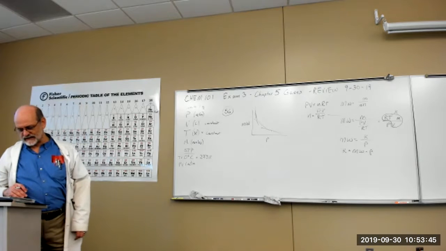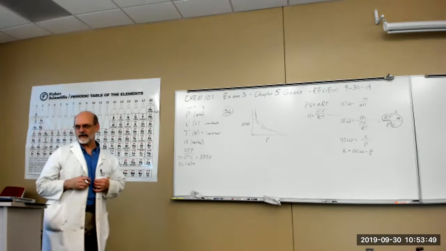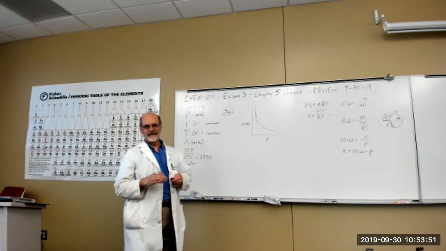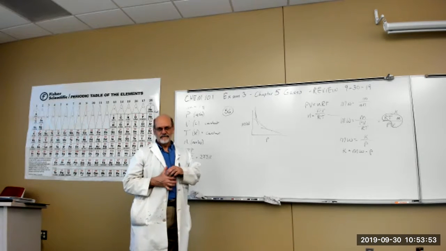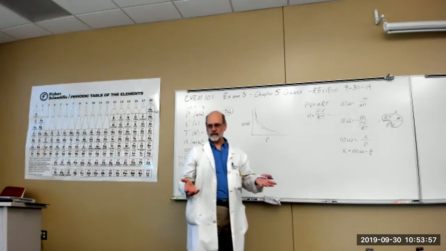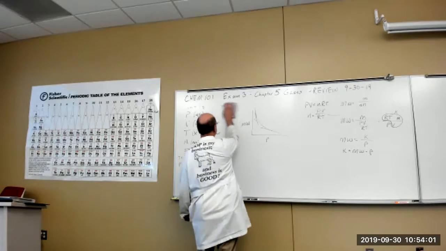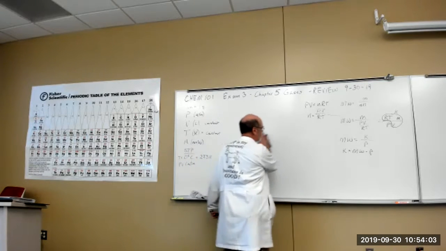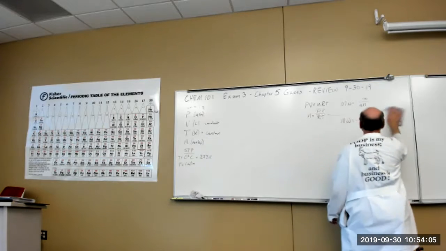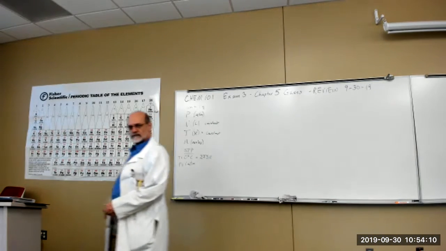But if you gave me D, yeah, you could probably argue that your answer is right. Yeah, because it is a negative slope. And that's the whole concept. Negative slope is inverse relationship.